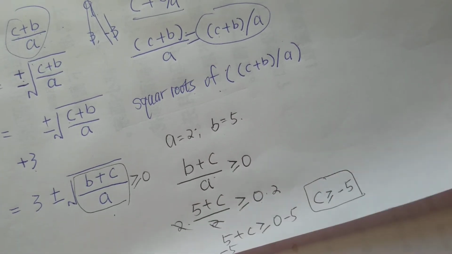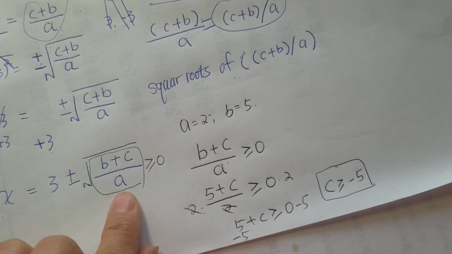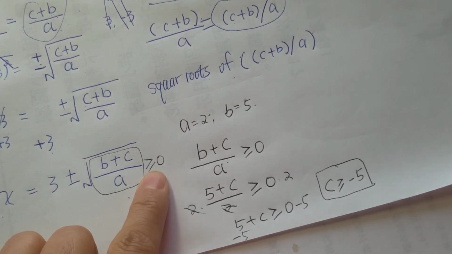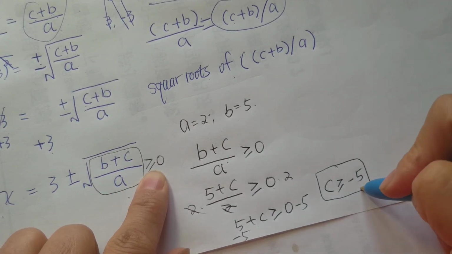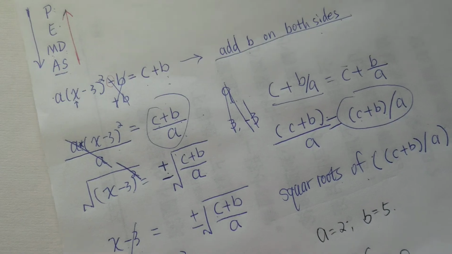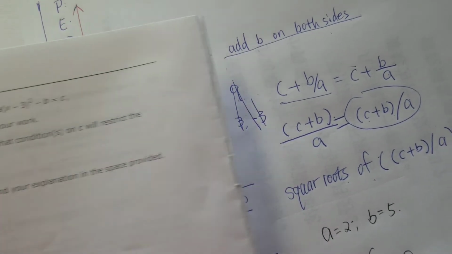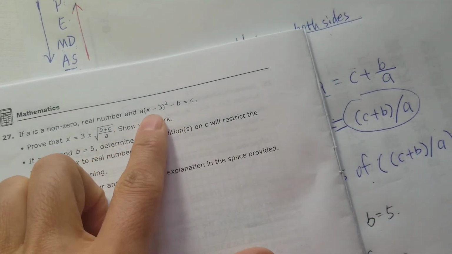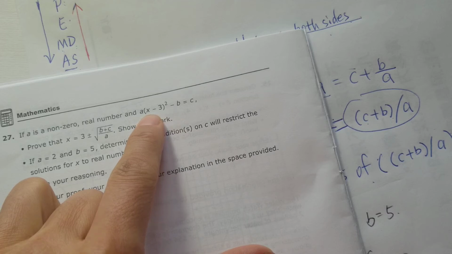This is the easy part, but you have to know where you need to apply the greater than or equal to 0, which can make your x all real solutions. Let me make a quick recall for question number 27. Question number 27 is how do you solve for x in a quadratic function?